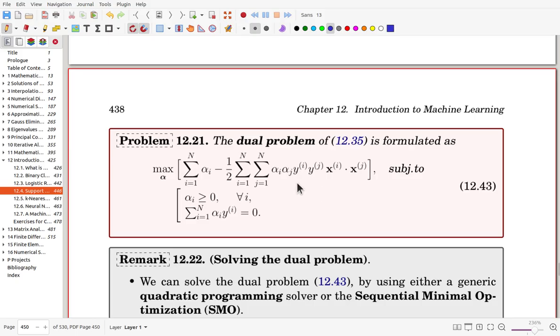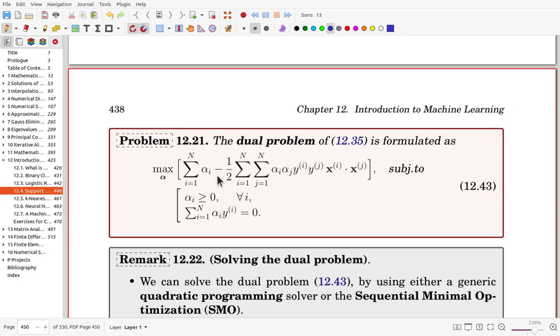Now this one is concave. This is a linear term for the Lagrange multipliers, and this is quadratic along with negative, so that it is a concave problem. So solving this problem is much easier than the original problem.